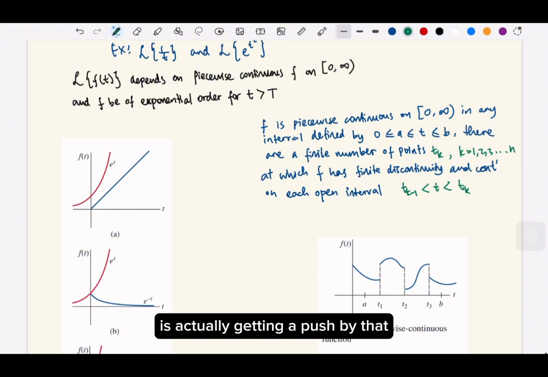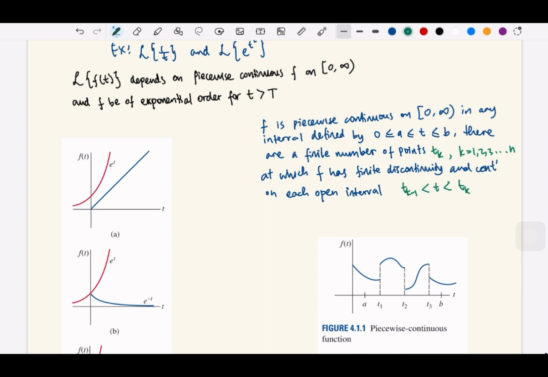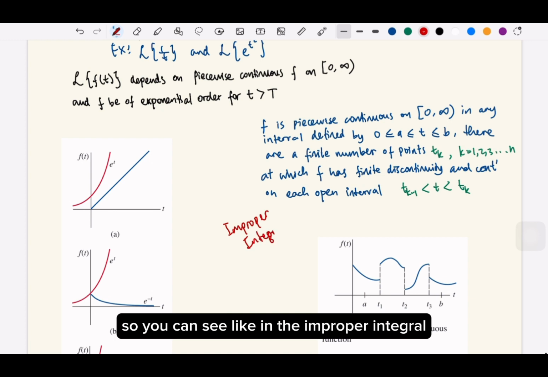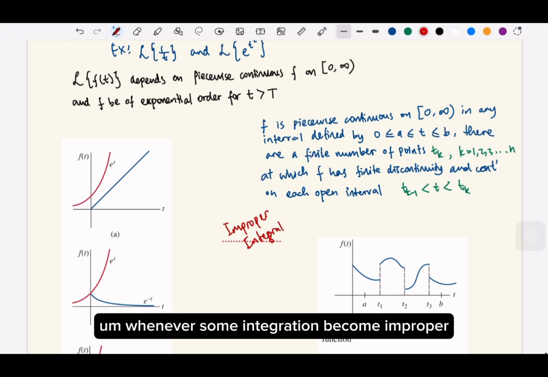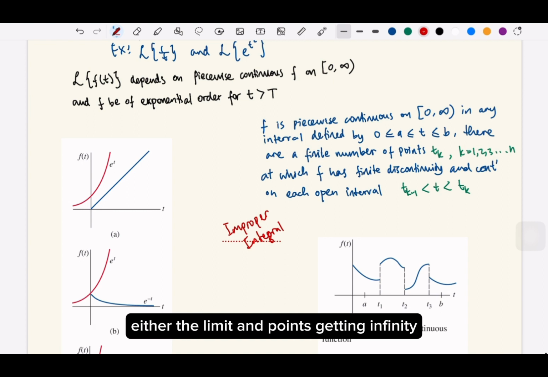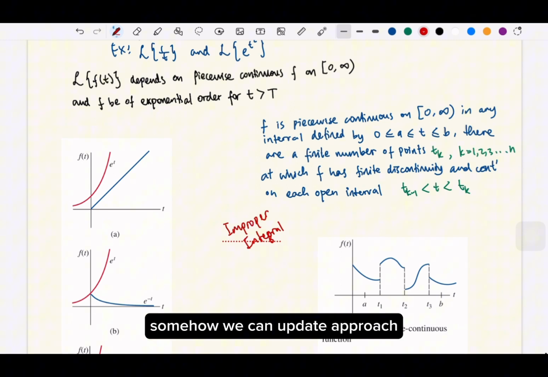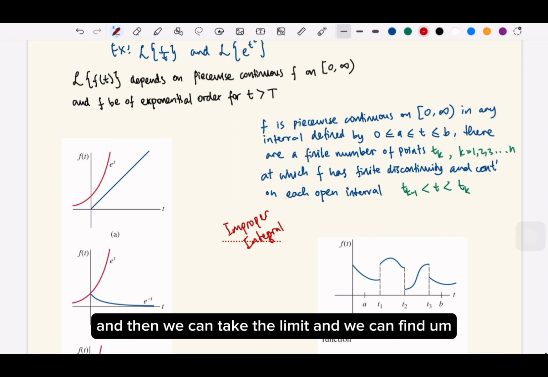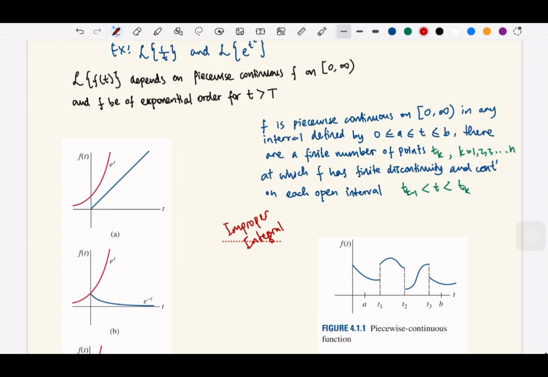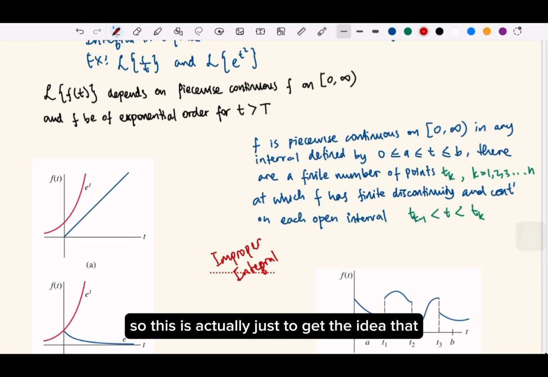This is approached by that definition. So you can think that in the improper integral, whenever some integration becomes improper, either the endpoints go to infinity or there is some discontinuity, we can take an approach, take the limit, and find the result.